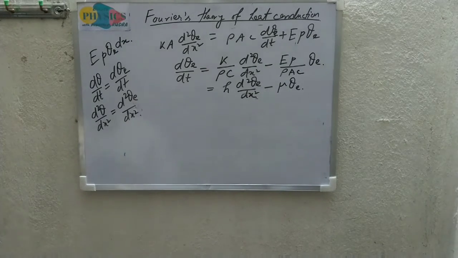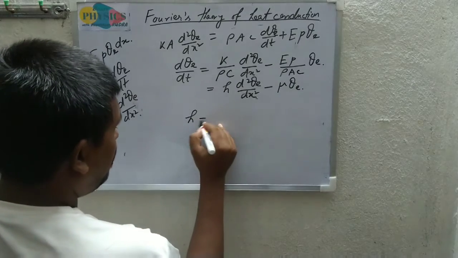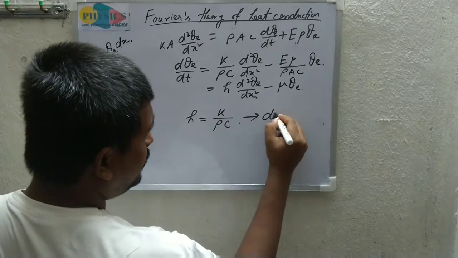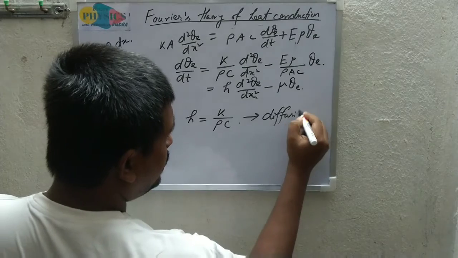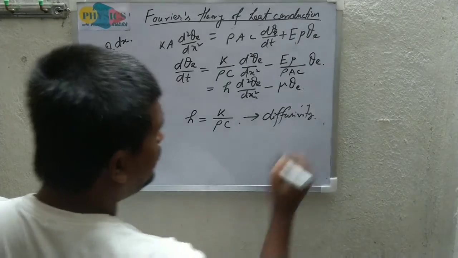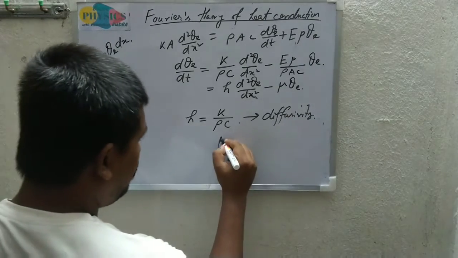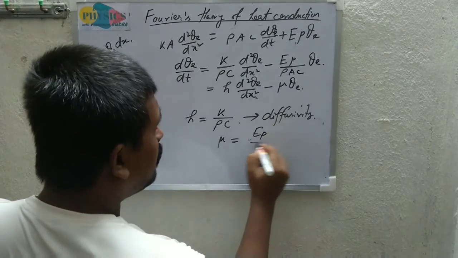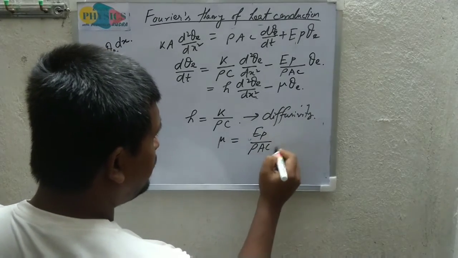Here h equal to K by rho C is called the diffusivity of this material, and mu is a constant equal to EP by rho AC.